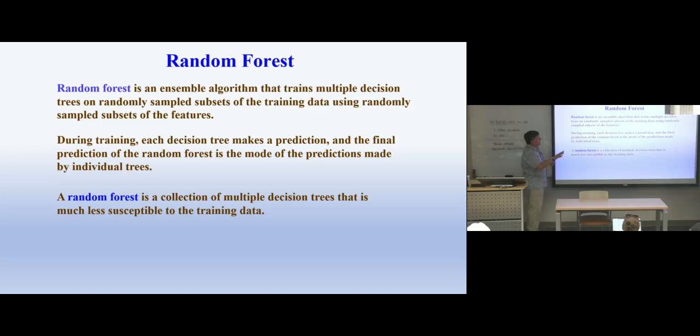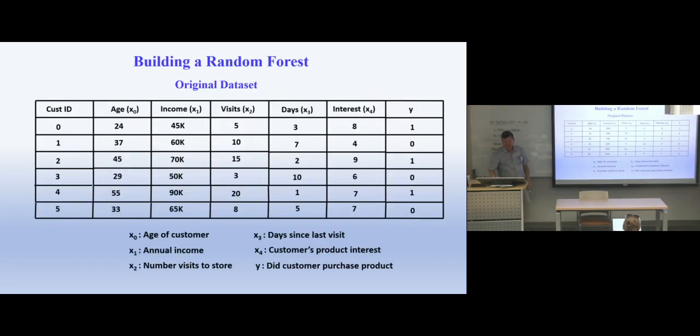Eventually it'll work through all the permutations, and you'll end up with a bunch of decision trees, each one of which makes a prediction. When you're doing random forest classification, you take the mode, how many predictions are of one particular type. Whichever occurs the most, that's what you pick. So, multiple decision trees. All right.